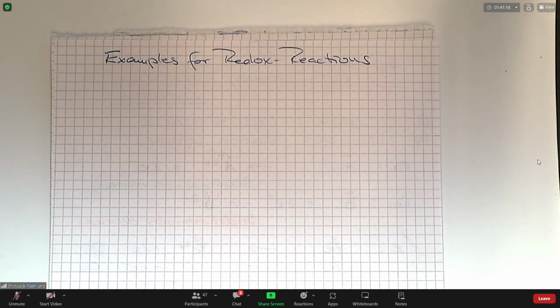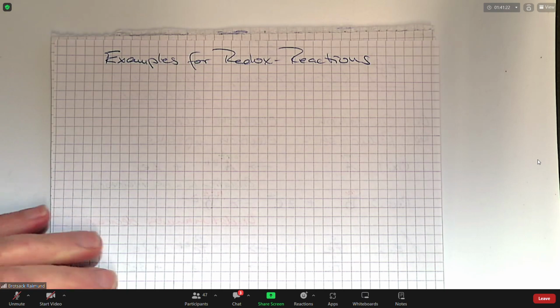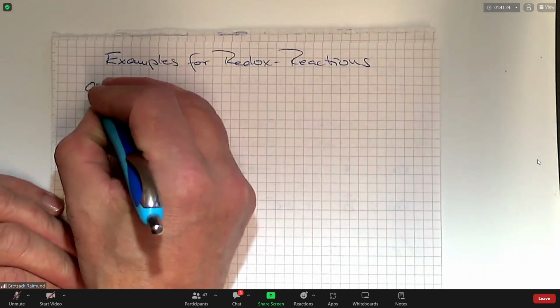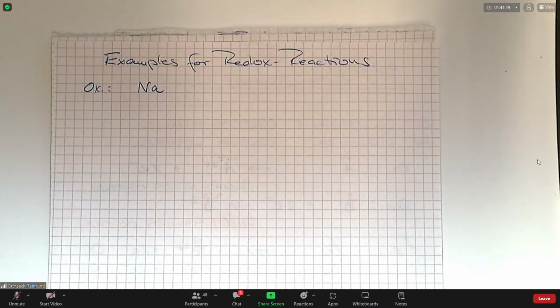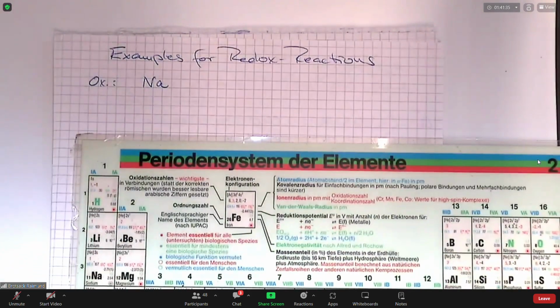Now we're coming to some examples for redox reactions. A very simple one, the oxidation of sodium. We already mentioned, coming back to the beginning, sodium is in the first group. How do we call them? Alkali metals. What are you expecting for them?